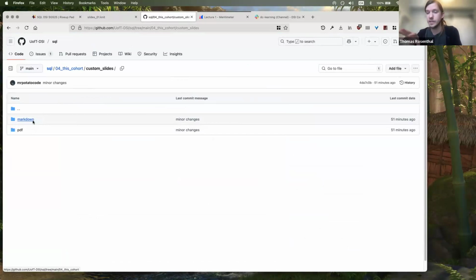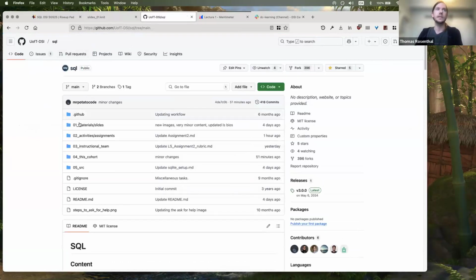I assure you that all the content is the same, but the visual presentation is a little bit different, like the way images are rendered. So I will be teaching from the HTML versions of these slides. There's a PDF version of these slides. You'll also find all the same content in the 01 materials slides folder. Apologies if that's ever confusing. It usually hasn't been. All the content is the same, though.